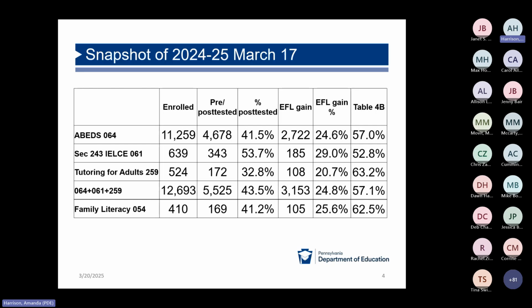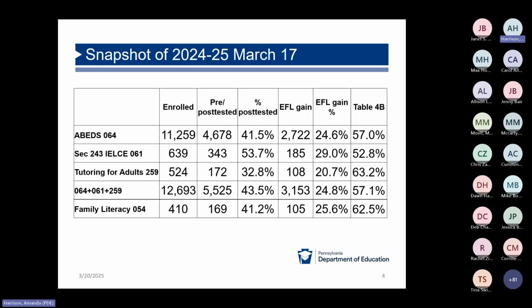Our EFL gain percent has also increased a bit, up to approximately 25%. While our table 4B actually dropped a bit, last month it was at about 57.9%. Now we're down to 57.1, but we're still in that 57% that I've been using as a guide.